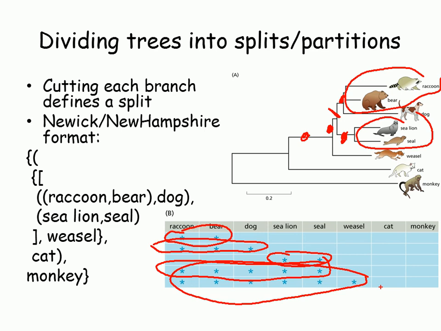And these splits are useful for evaluating how 2 different trees are similar to each other. Okay? Let's say you generated a tree from a mitochondrial DNA, you got one tree, and then you generated a new tree from ribosomal DNA.